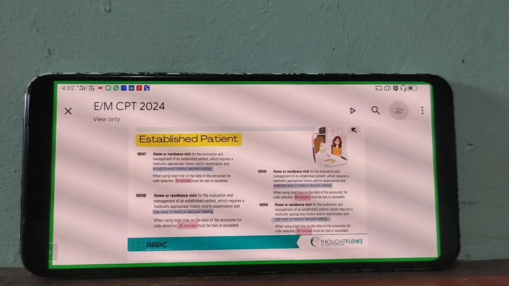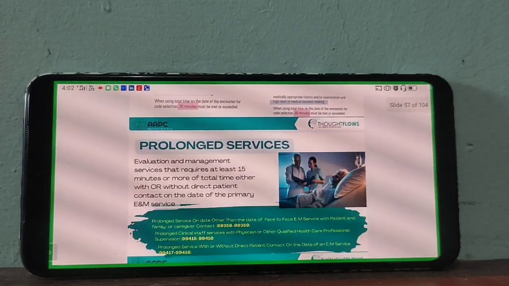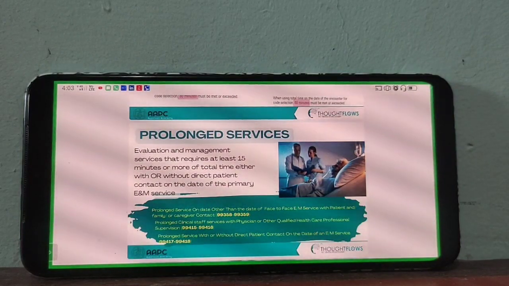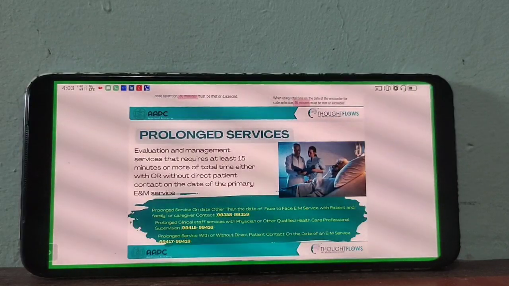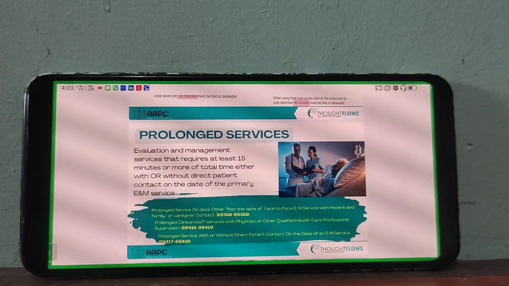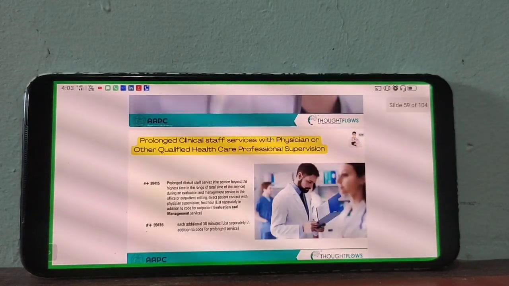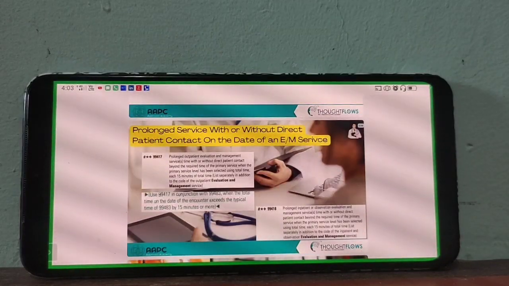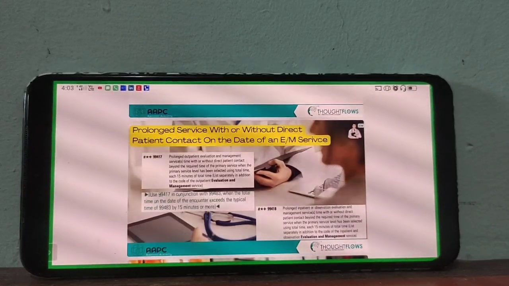And prolonged service. Prolonged service means doctors spend extra time apart from the original time. We already discussed 99417 yesterday. 99417 is the OP prolonged service code for each 15 minutes.